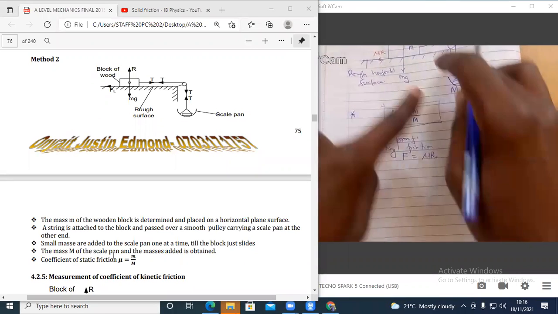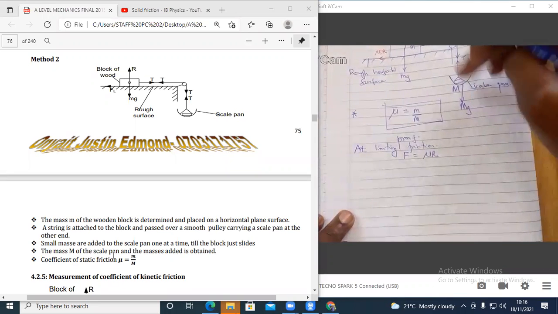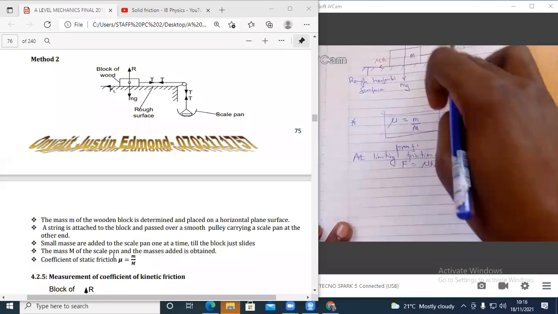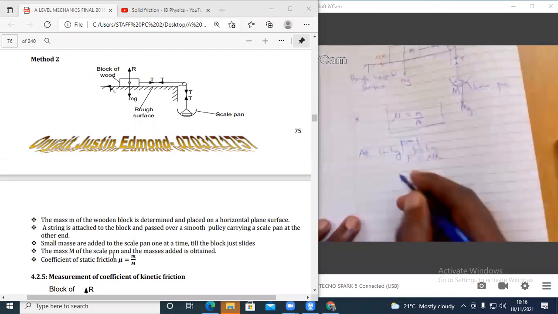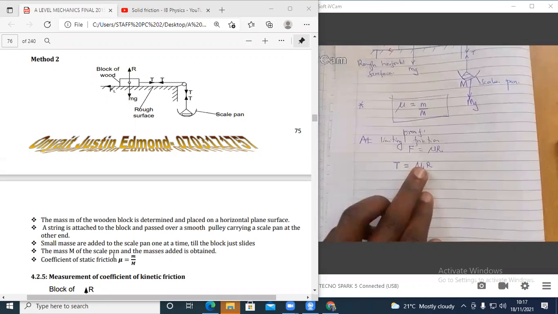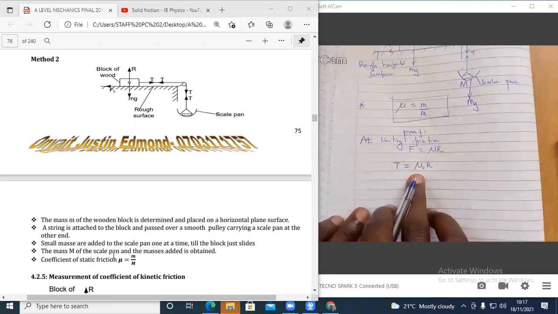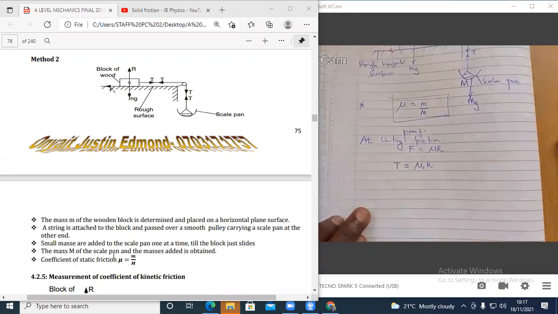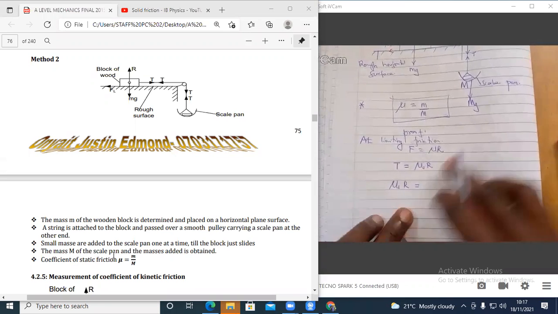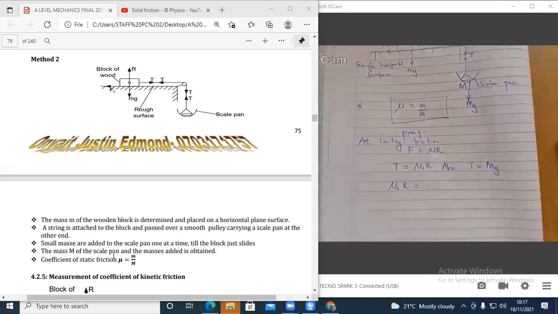So if I resolve this, the frictional force will be equal to the tension T. So T is equal to mu R. But we say T is also equal to mg.